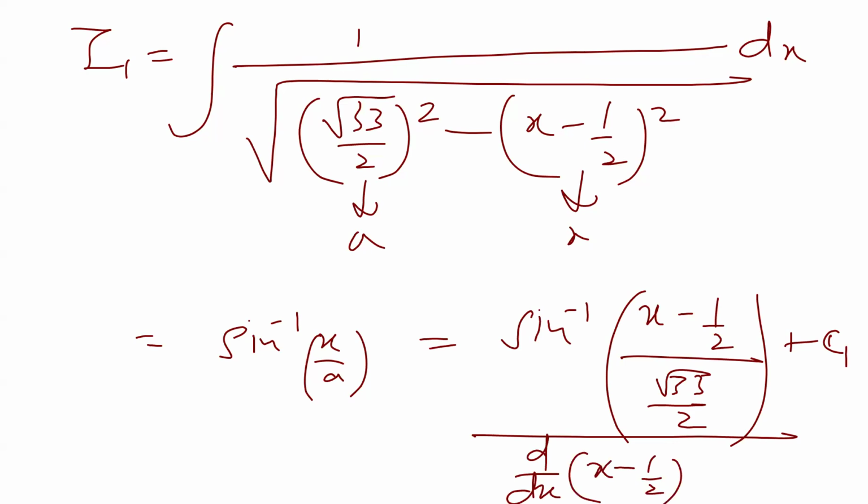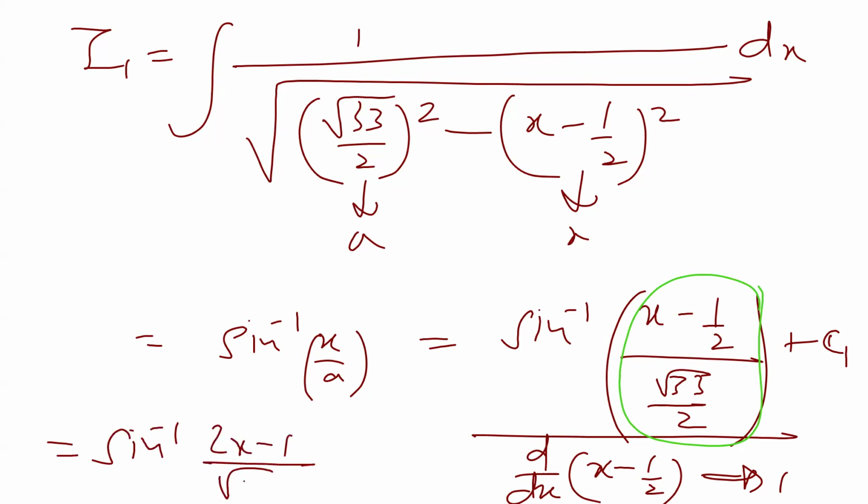D by dx of x minus half will be 1. And the value of this bracket will be 2x minus 1 upon 2 upon root 33 by 2, which is 2x minus 1 upon root 33. So this equals sine inverse of (2x minus 1) upon root 33 plus c1. This is I1.